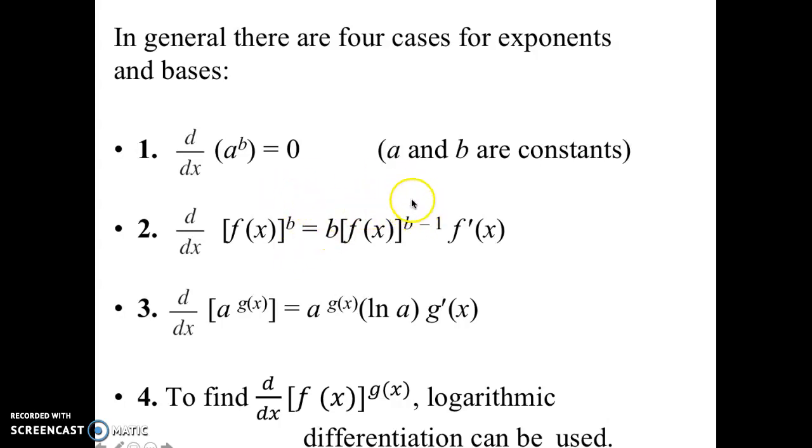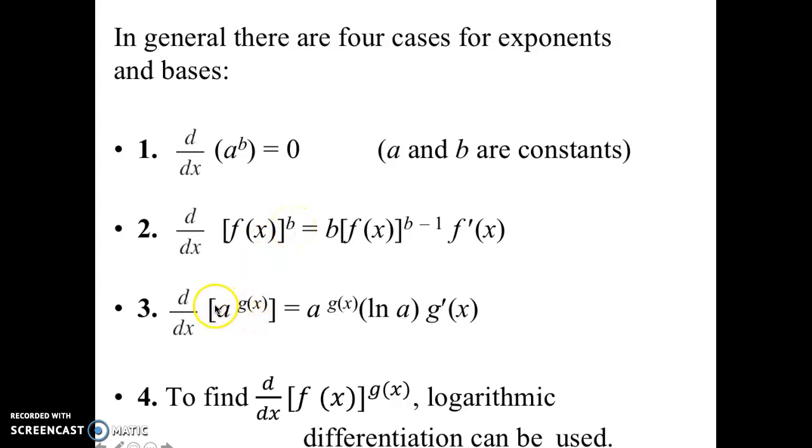And the power rule says we would bring the number down to the front, leaving the inside function untouched, and then subtract 1 from the exponent, and then take the derivative of that inside function. So it is both the power rule and the chain rule here. All right, so we have a rule for a number raised to a number. We have a rule for a function raised to a number.